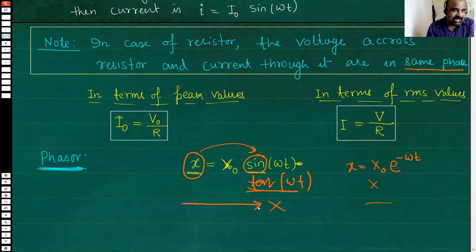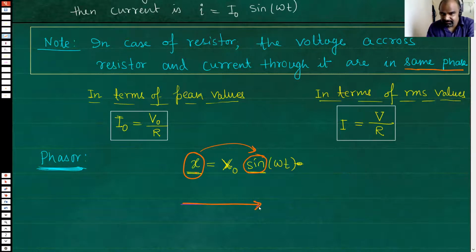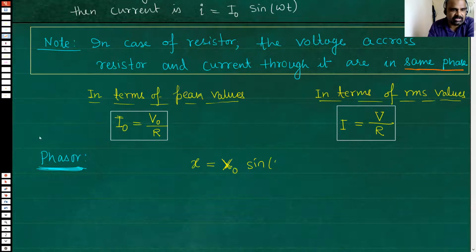No, sir. Tan can't be converted into sine. The concept of phasor is only for sinusoidally varying quantity. So whenever there is a number which is sinusoidally varying, we can represent it with the help of an arrow. Okay. So suppose this is the arrow.